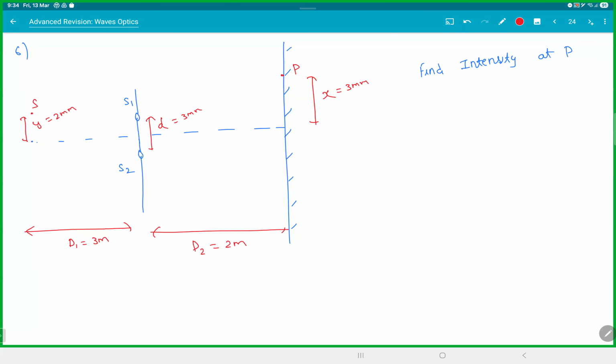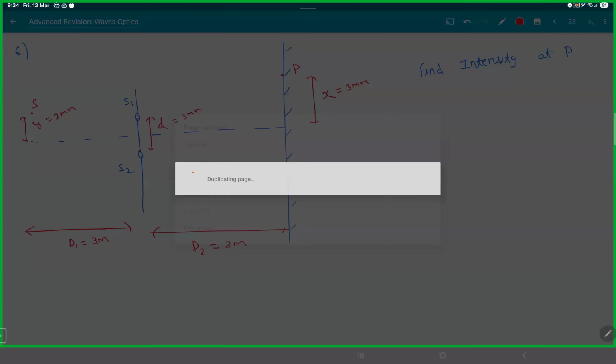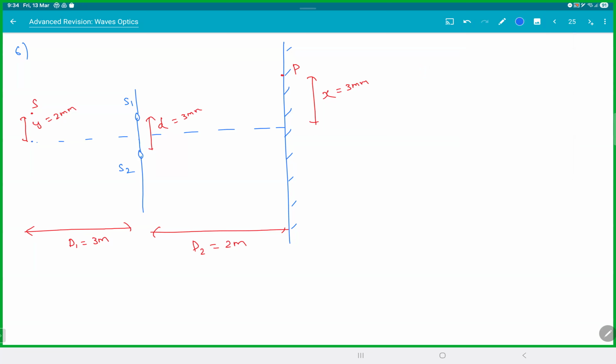Think for a minute. Okay. Now, let's ask yourself, what are you exactly trying to find? You want the path difference till P, isn't it?